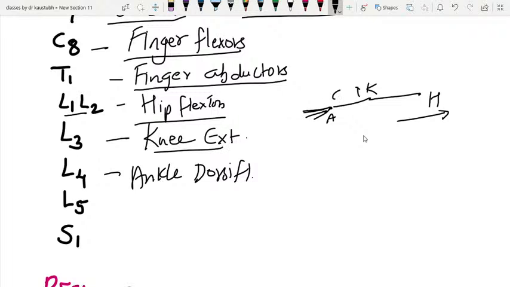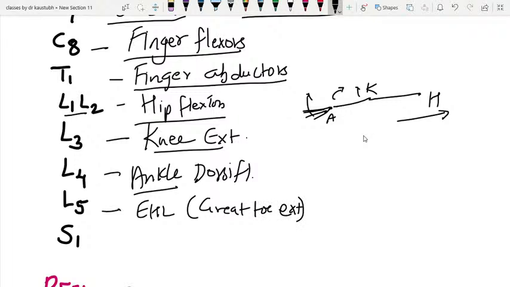You need to dorsiflex the ankle, that is L4, right? Then you need to dorsiflex your great toe, that is extensor hallucis longus, that is great toe extension, that will become L5. And finally you need to do ankle plantar flexion, that is the last thing that we are going to do, ankle plantar flexion, that is S1.